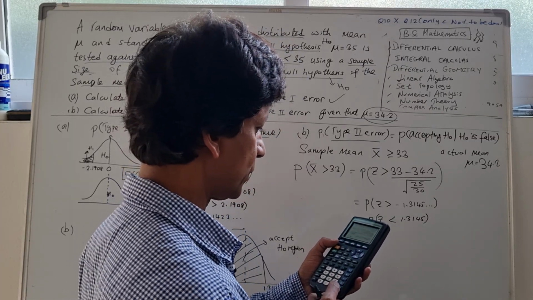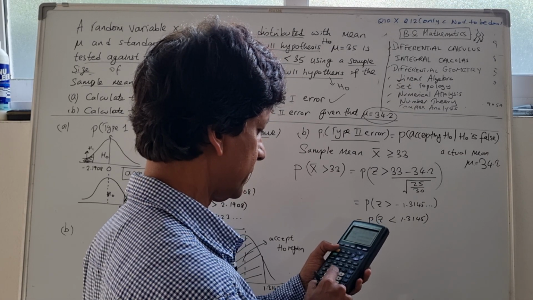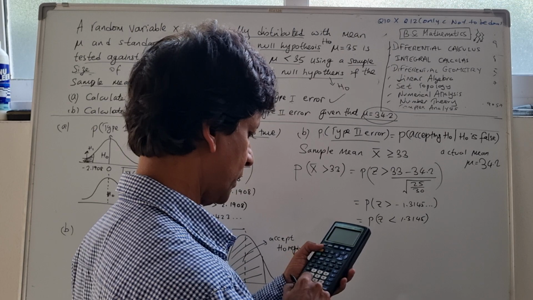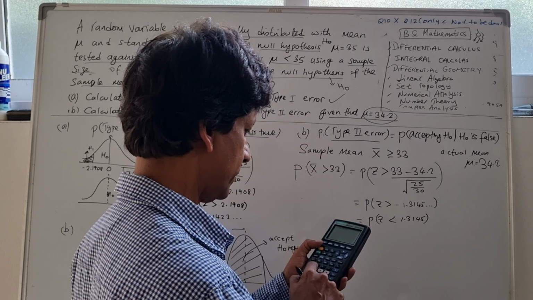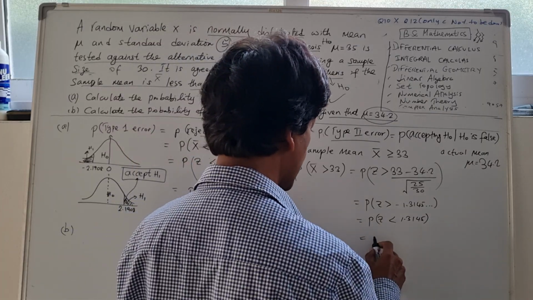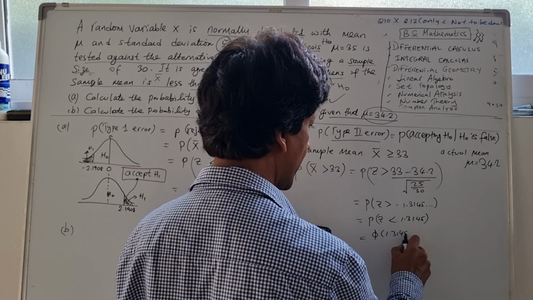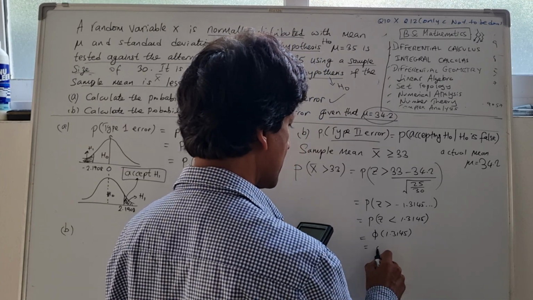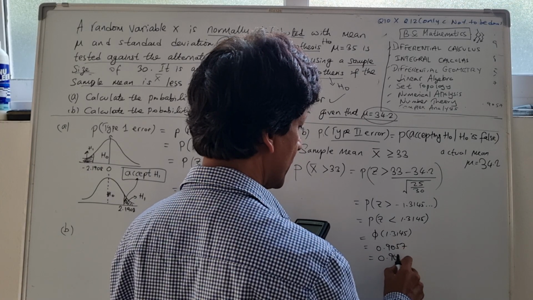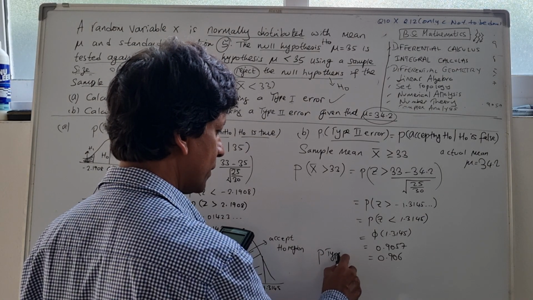Okay, hang on a second. So if you were to look at this, you're going to get phi of 1.3145, and it turns out to be 0.9057. It's a very huge area, makes sense to me. So this is your probability of a type 2 error.